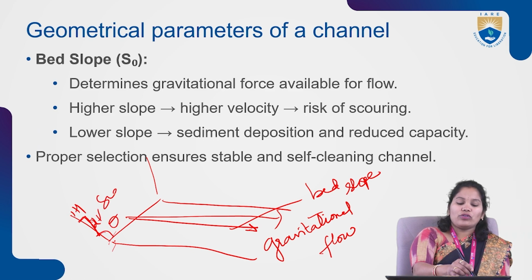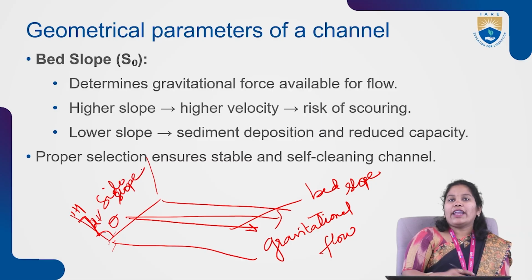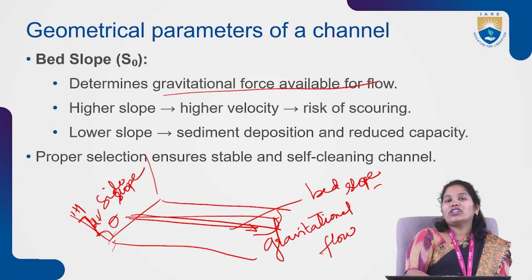This is your side slope, and here is your bed slope, the slope of your channel. It is determined by the gravitational force available to flow easily in an open channel.